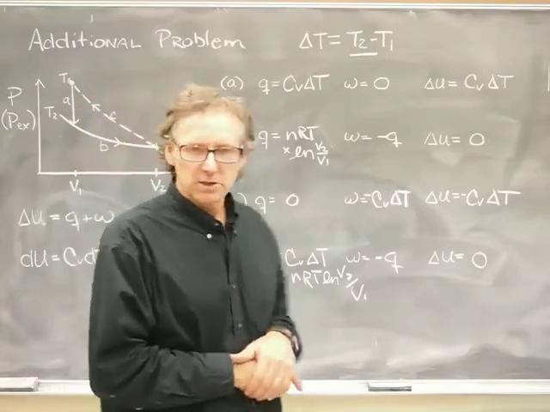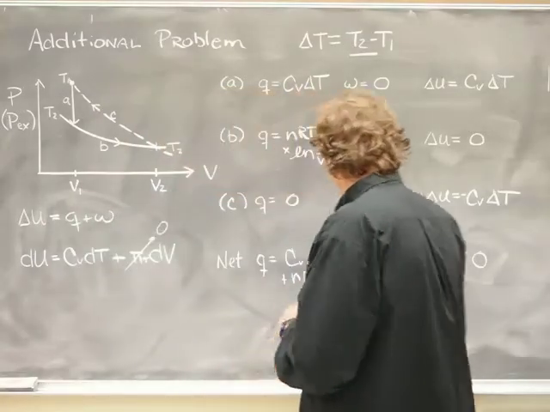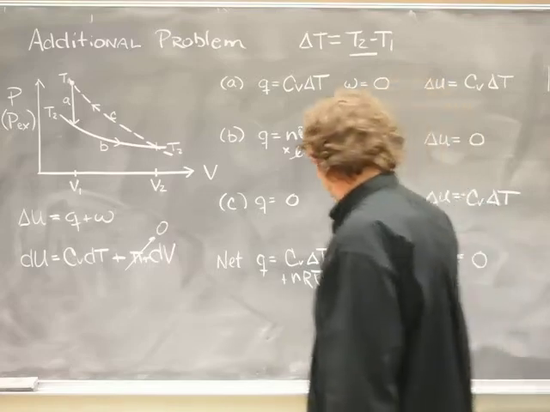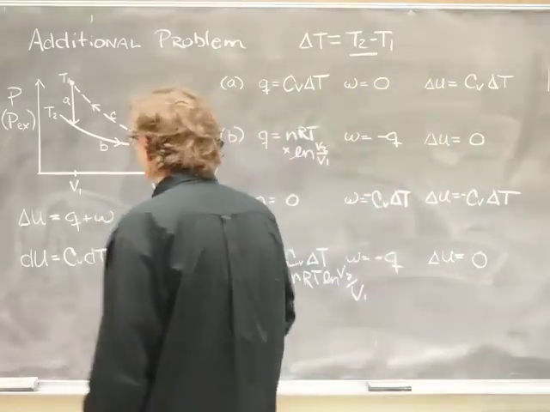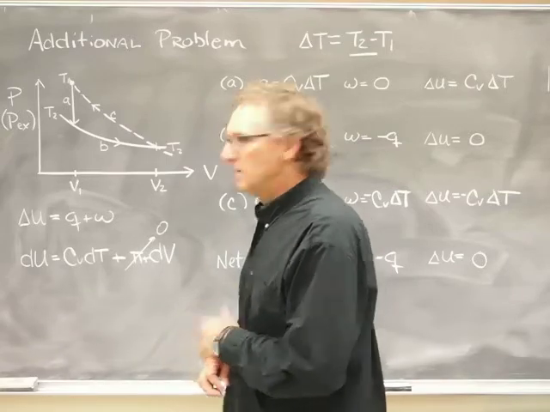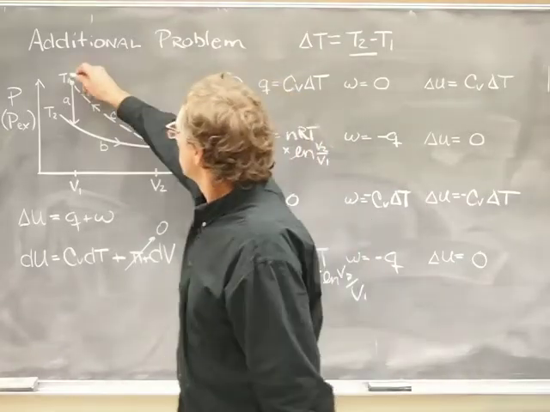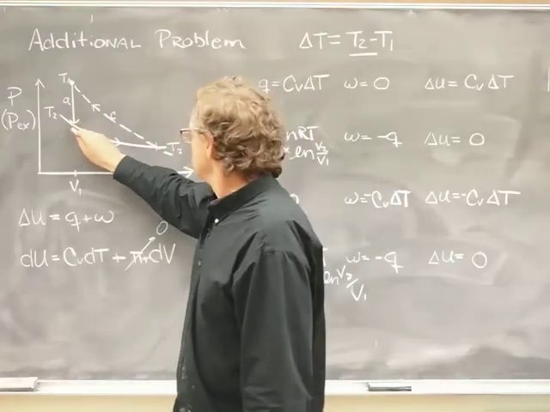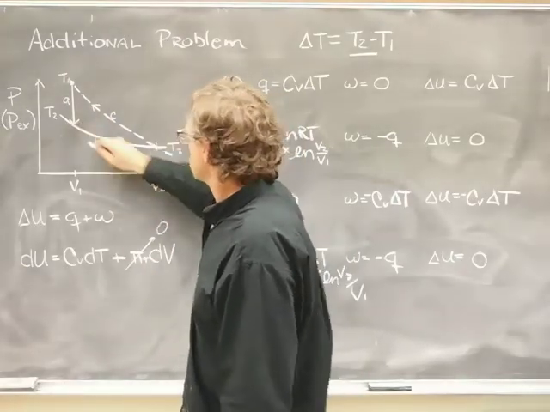There's one more piece to the problem. Do we think that the net work is positive or negative? That all depends on the sign of Q here. But you can just figure it out from the indicator diagram. Let me argue it this way. No work is done in the first step. In the second step, the system did work on the surroundings. It did this much work, that's underneath this graph.